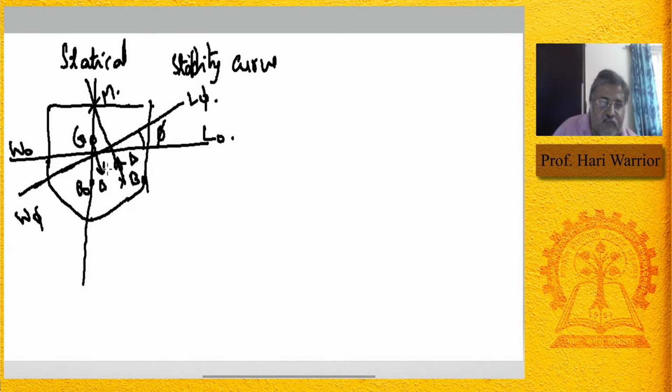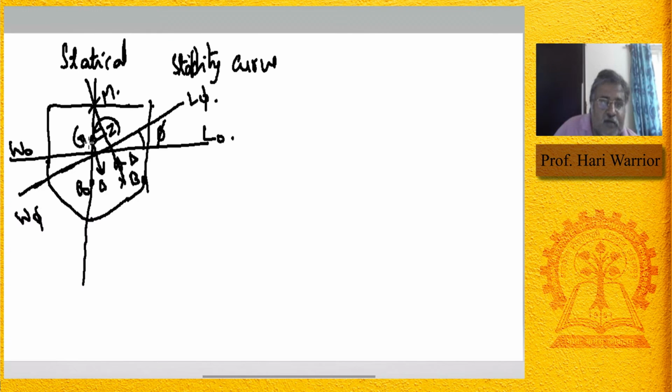So delta into the perpendicular distance between these two is the restoring moment. Because of this position of the waves, a moment is produced in this fashion. It tends to turn the ship back to the same position, and it is equal to delta, both are the same delta, into the perpendicular distance between them.